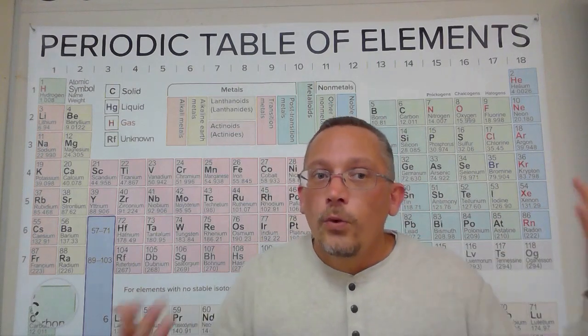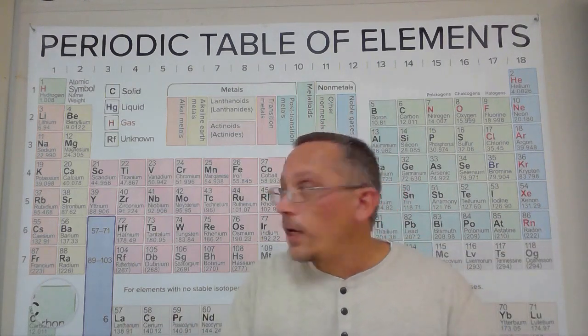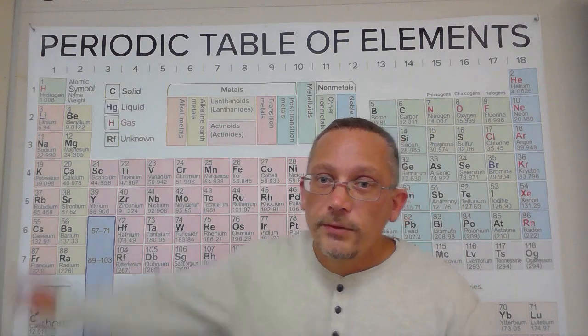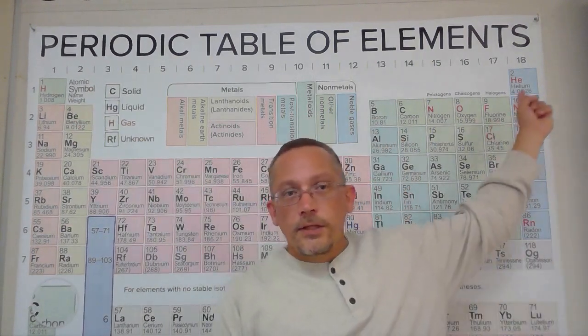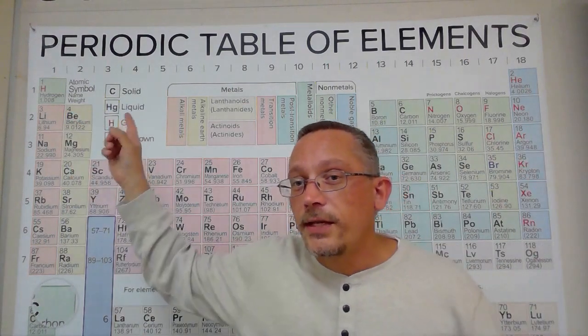So you can debate where helium belongs. Sometimes, especially on older periodic tables, you'll see it right here next to hydrogen. Sometimes you'll see it right here. And sometimes people will put it both places, right? So helium will appear twice on the table, once over here and once over here. Helium really kind of makes sense in both places.